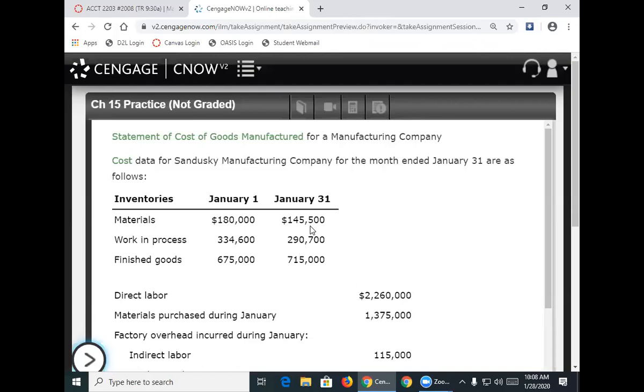For finished goods, I have a beginning balance of $675,000 and an ending balance of $715,000.